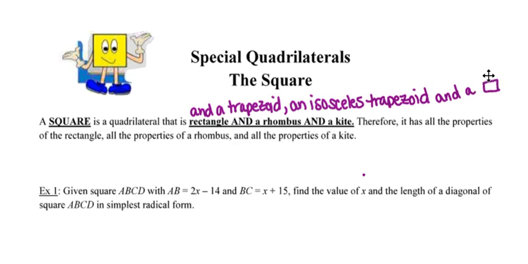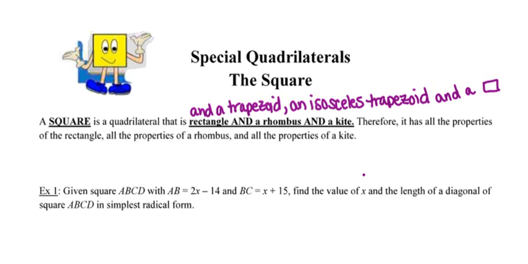And what I like about this is because he belongs in all of those categories, all of the properties of those different quadrilaterals always apply to the square. So you don't need to remember it has that, but it doesn't have this, or it has this, but it doesn't have that. The square has it all.